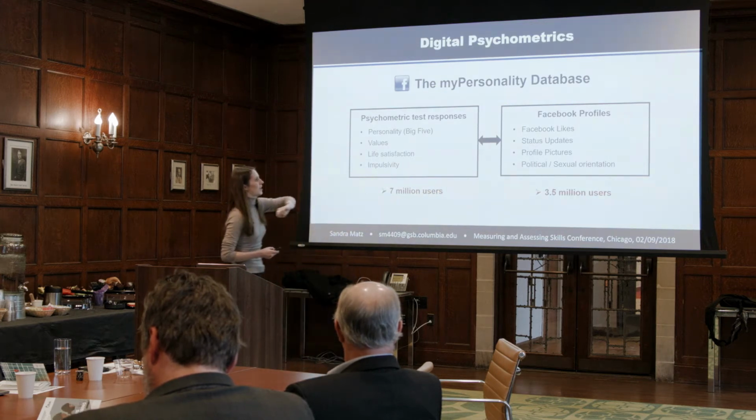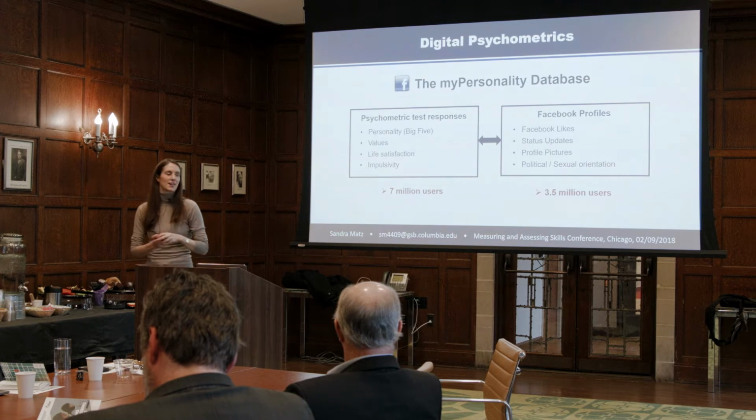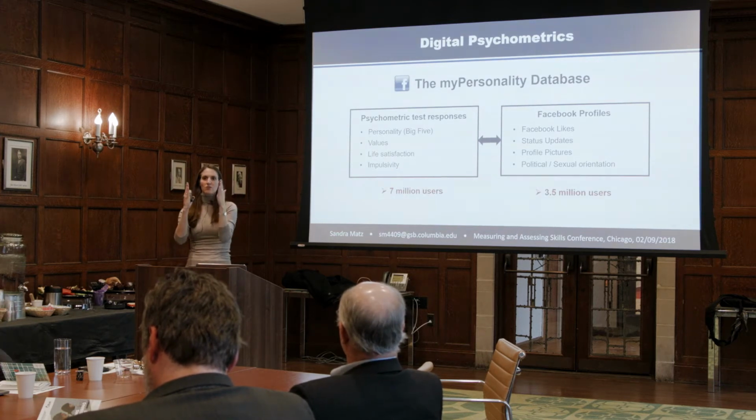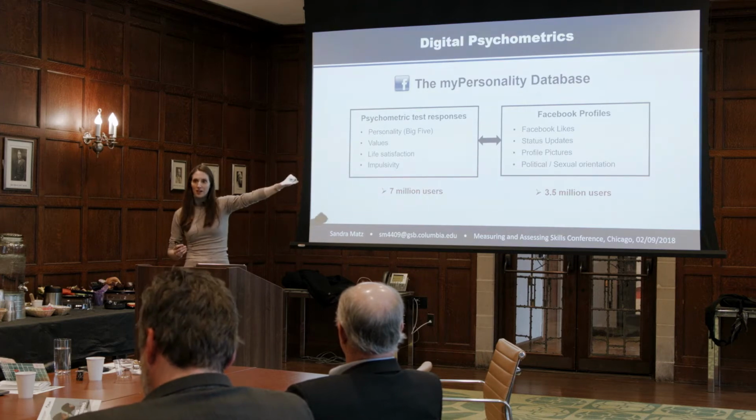So in order to say I predict values from Facebook likes, I at some point need a data set that gives me both. Because I need to be able to train my model for likes with some kind of gold standard, which at the moment is still self-report. So if I had income for those people, which we have in a different data set, we could technically do it. But for those people, we just didn't collect it, which means that it wasn't really possible to build models to predict it for the whole sample.